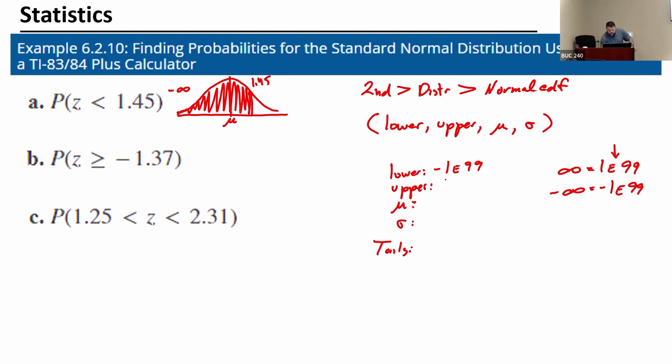Yeah, 1.45. And then, of course, my mean is going to be 0, my standard deviation 1, and then you would hit calculate. And immediately it should give you, approximately because it's not exactly equal, 0.9265. Did everybody get 0.9265? There you go. And that's how it's done. Well, let's look at the other one.